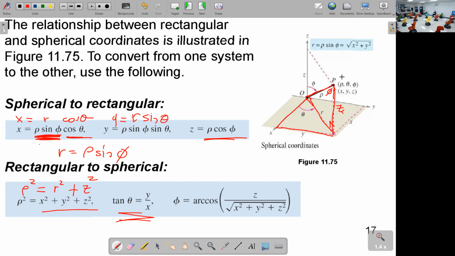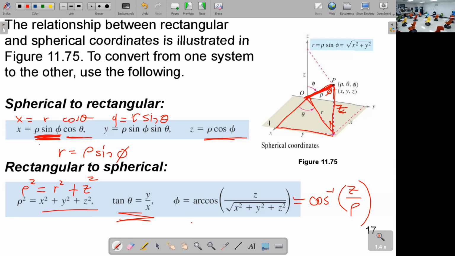And phi is the arc cosine of z over rho: phi is equal to z, the adjacent, over rho, the hypotenuse of that right triangle.